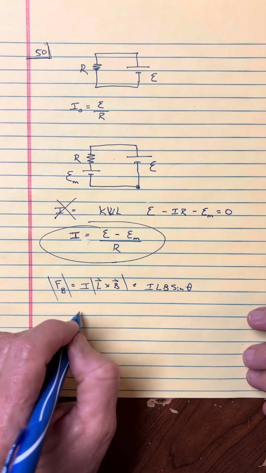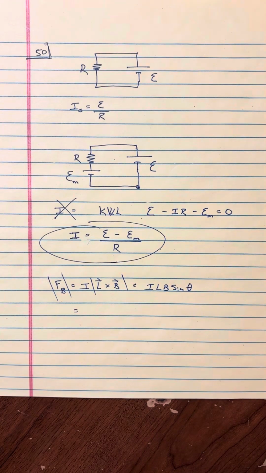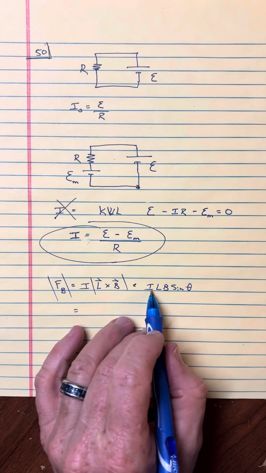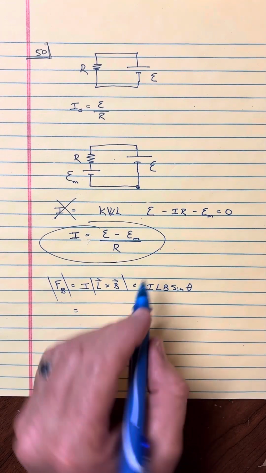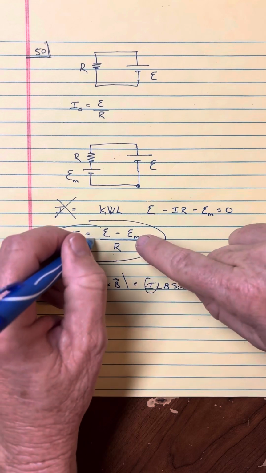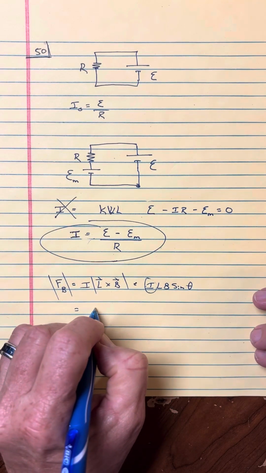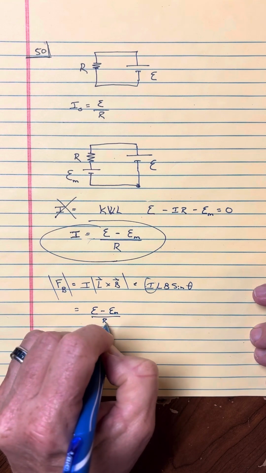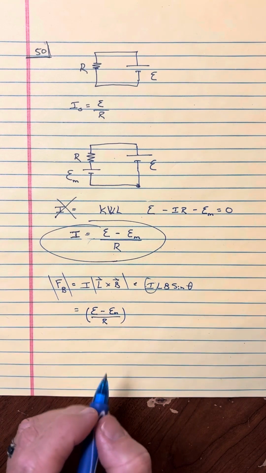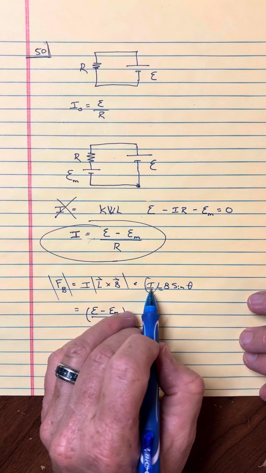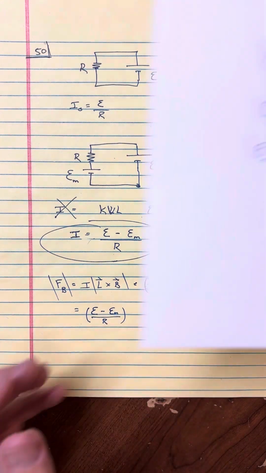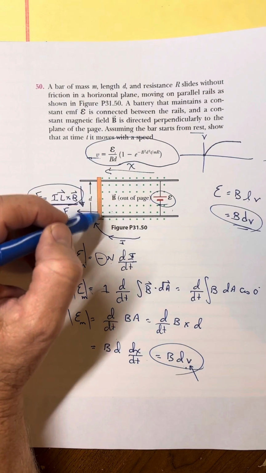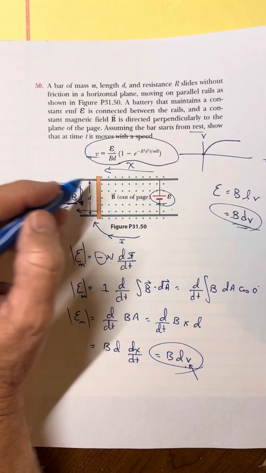And of course, we'll want to be a little careful here with what symbols we have. But this force, maybe I'll start with the current that's in here, and that's what we did up here. So this would be E minus the motion EMF over R. L is the length of the bar, where there is a current that has a force, and they call that a d.